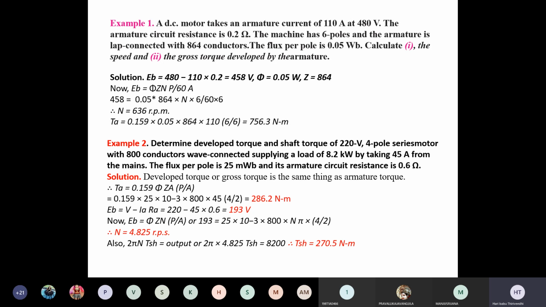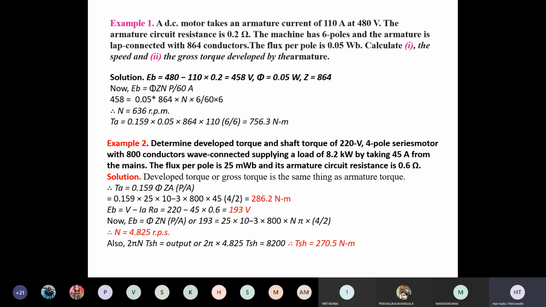Eb is equal to pi Z N by 60 into P by A, whereas in the generator the generated EMF Eg is equal to pi Z N by 60 into P by A. So from that, P by A, this is lap winding, so P by A cancel each other, because 6 by 6. That means N is equal to 60 Eb by pi Z, right?